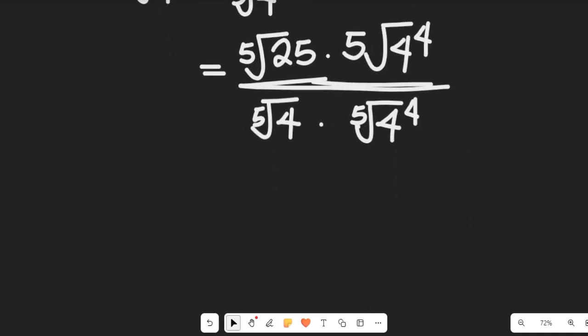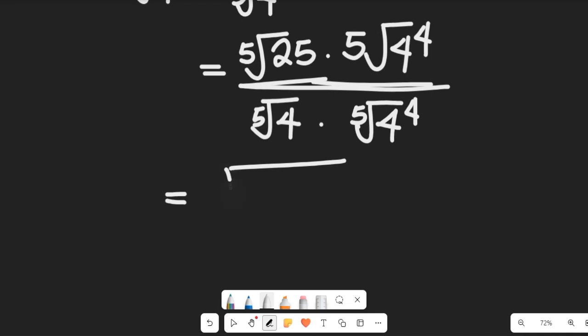So this expression can be simplified further. Since these are fifth roots, they can multiply, and that will give me a total fifth root of 25 multiplying 4 to the power of 4, right?